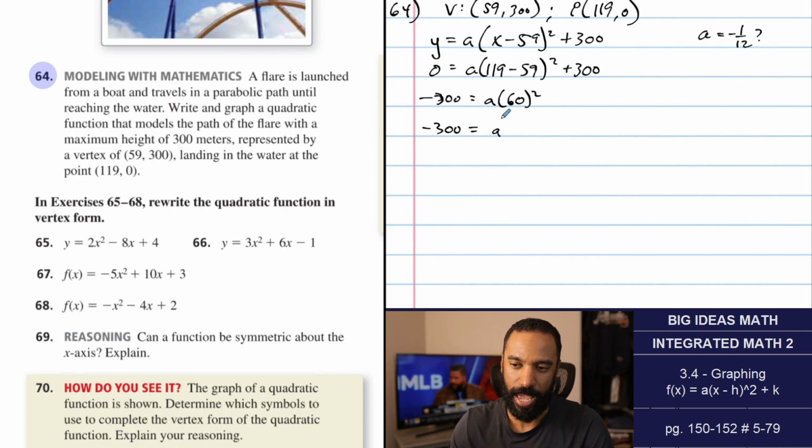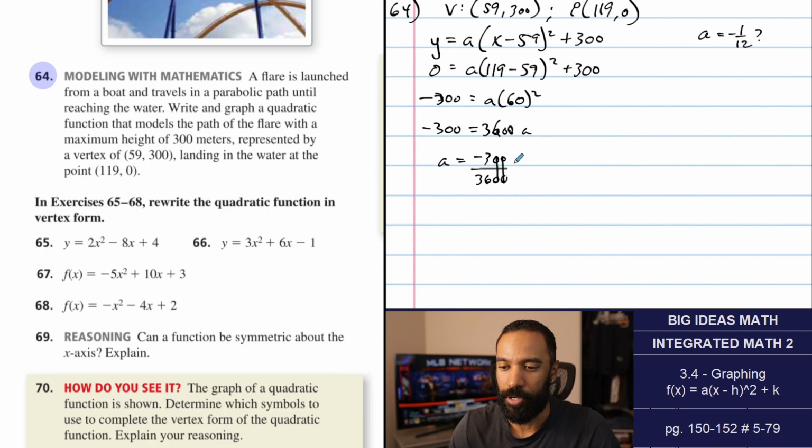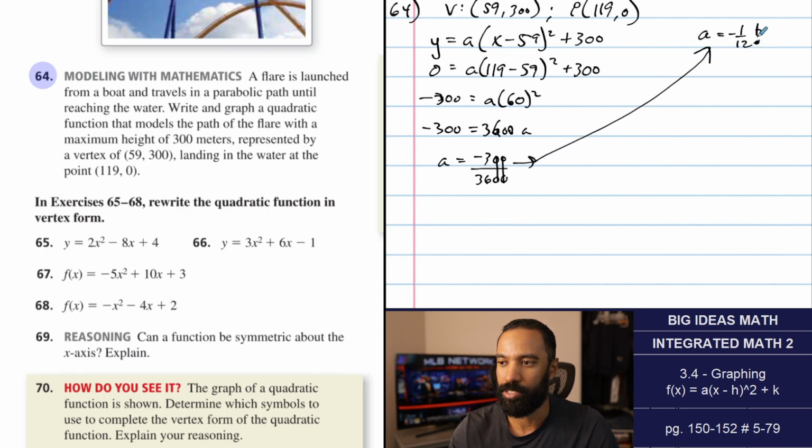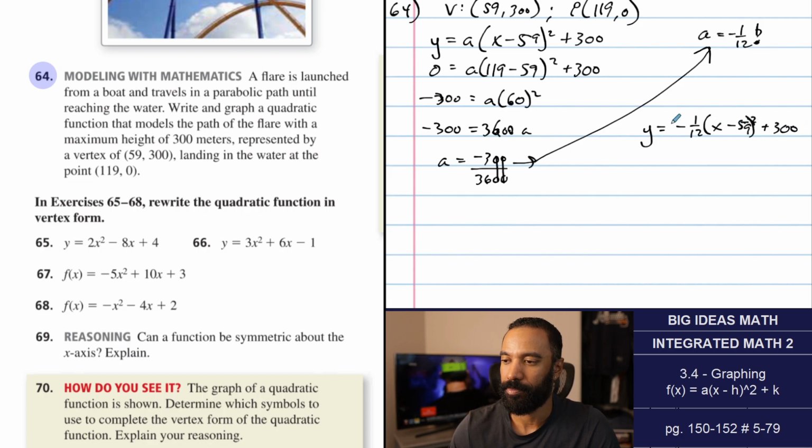Negative 300 equals 3,600 times a. Divide by 3,600, a is negative 300 over 3,600. That is negative 3 over 36, and that reduces to negative 1/12. Yes. So y equals negative 1/12 times x minus 59 squared plus 300.